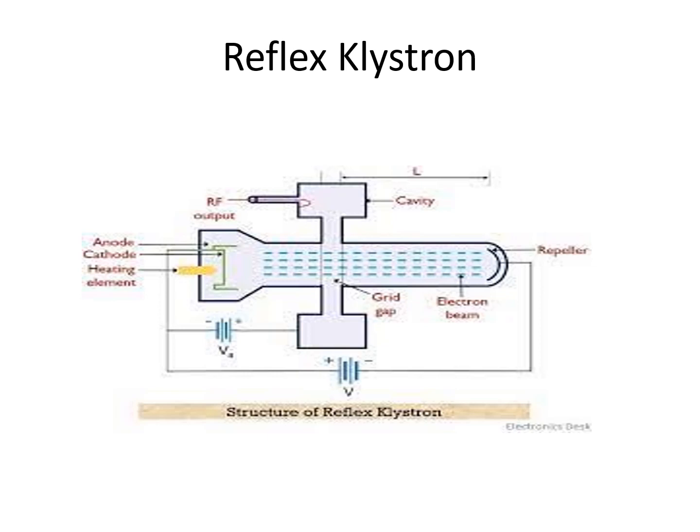The early electrons that pass through the gap before the reference electron experience a maximum positive voltage across the gap and these electrons are accelerated. They move with greater velocity and penetrate deeper into the repeller space. The return time for these electrons is more as the depth of penetration into repeller space is more.